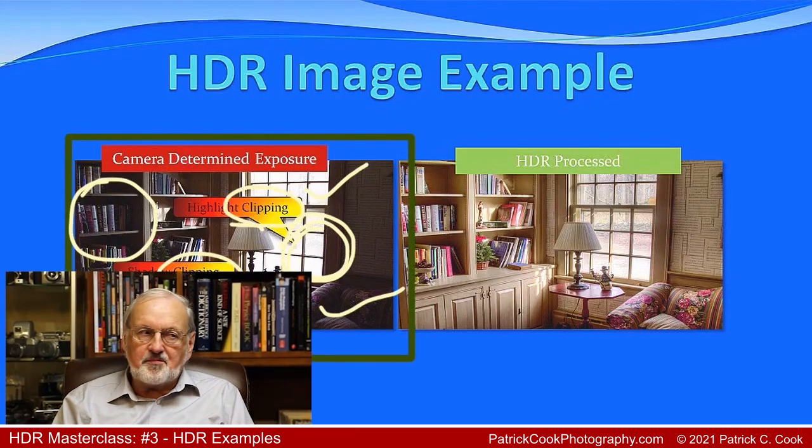Now, really, clipping simply means that the camera is not able to digitize those particular pixels, all right? Or to be a little bit more technically accurate, the camera is not able to assign a numeric value within the range of 0 to 128 for the pixels that are clipped.